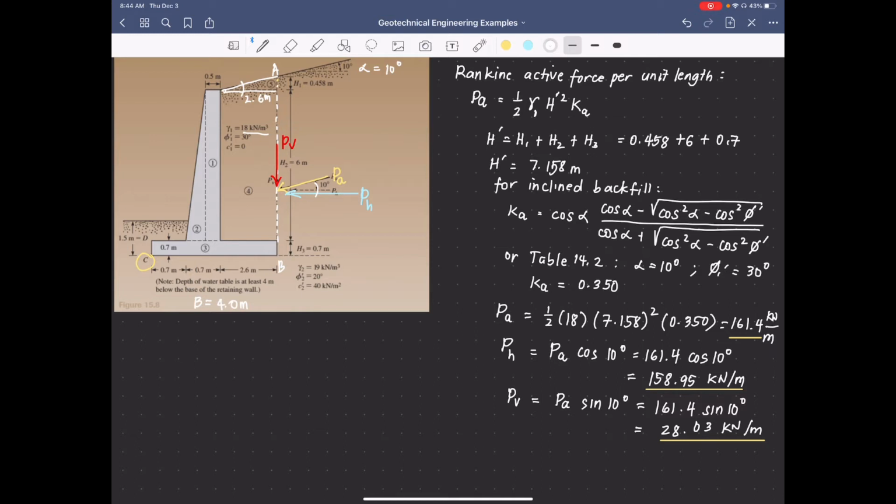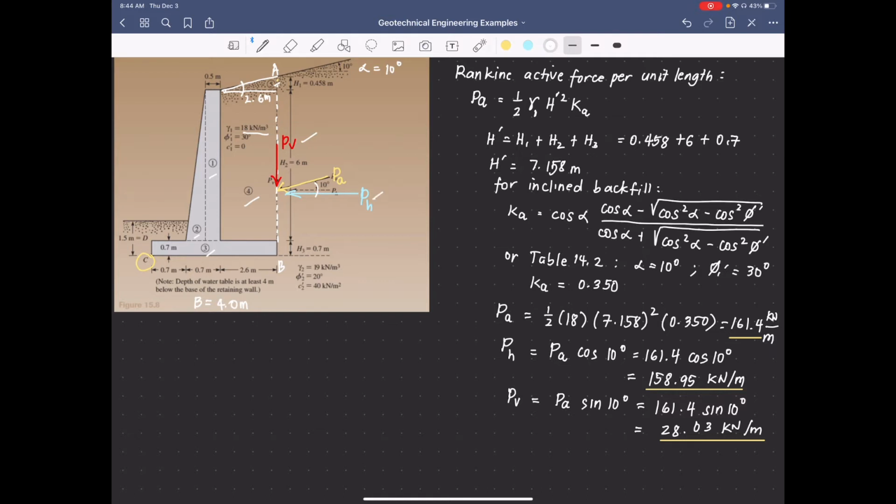We'll have the following forces that act on the retaining wall: the weight of the wall here, here, and here, the weight of our backfill, section 4 and section 5, and the P sub V and the P sub H.